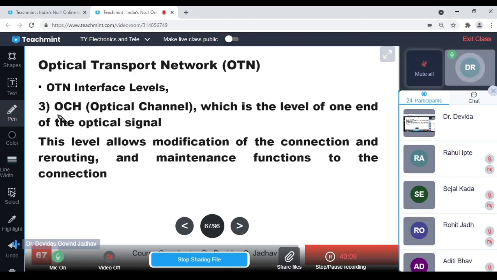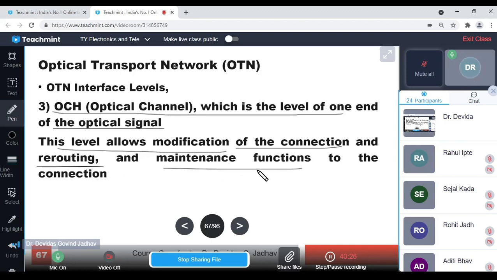Then the third layer is OCH, which is an optional layer, which is the level of one end of the optical signal. This level allows modification of the connection, routing or rerouting, and maintenance functions for the connection. This level may be optional and may be employed.